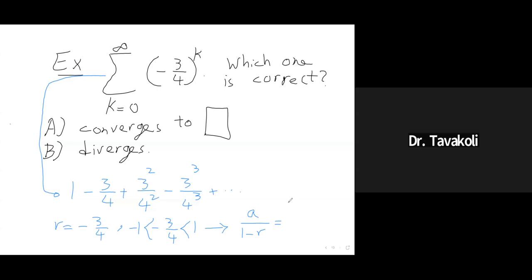A is the first term, which is 1. 1 minus R is what? Minus 3/4. In the denominator, 1 minus negative 3/4 is 1 plus 3/4, which is 7/4. And 1 over 7/4 is going to be 4 over 7. So A is the correct answer, and it is 4 over 7.